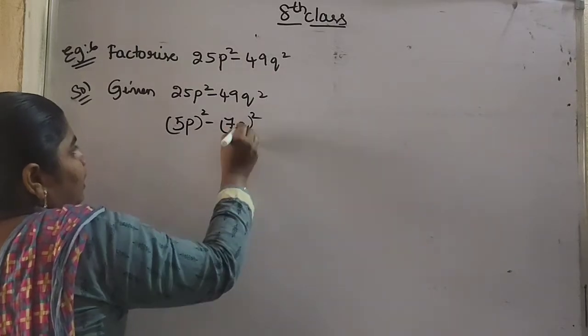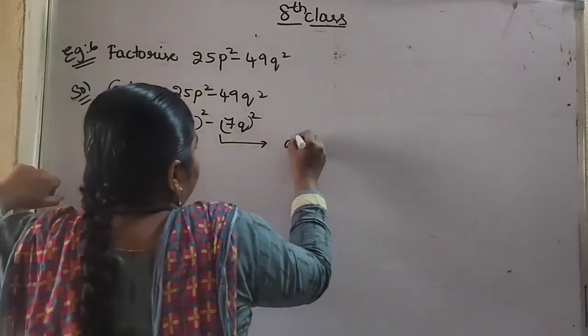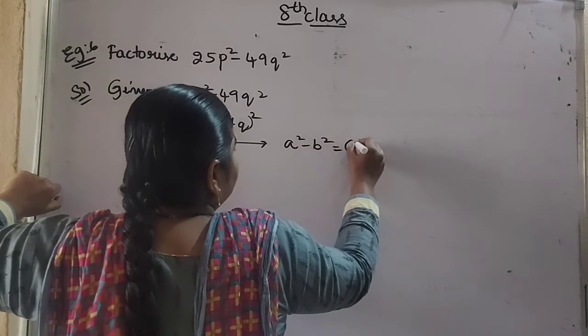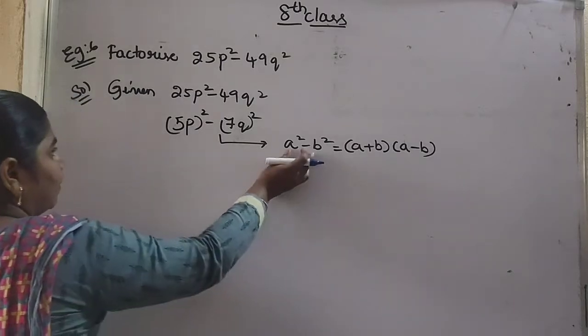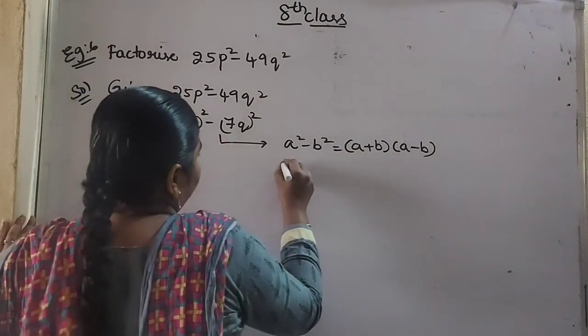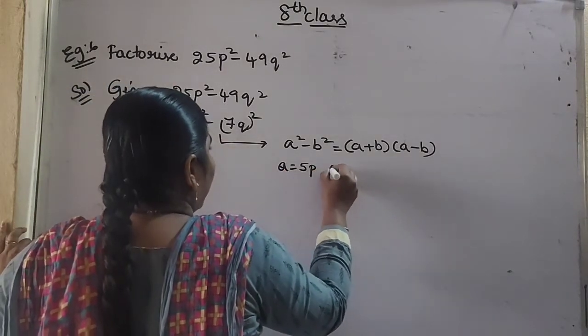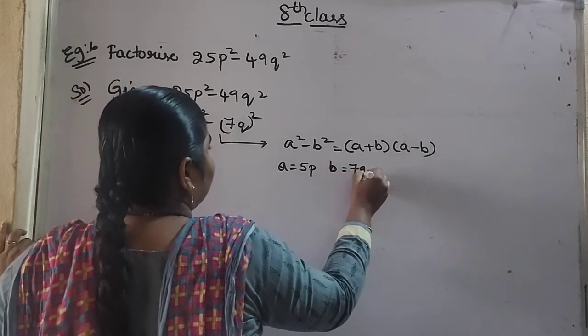Which formula can we apply here? We can apply the a square minus b square formula, that is a plus b into a minus b. Comparing, the a value is 5p and the b value is 7q.